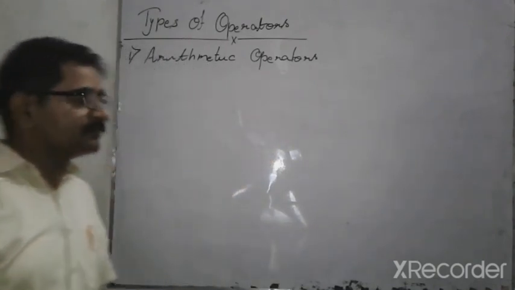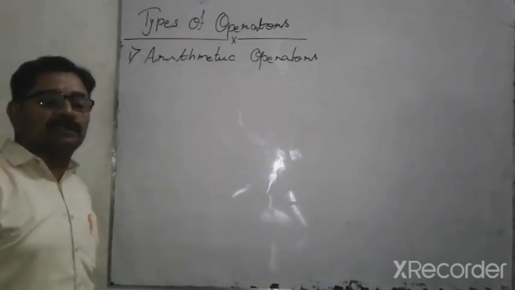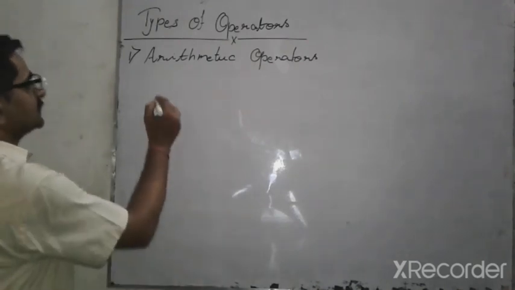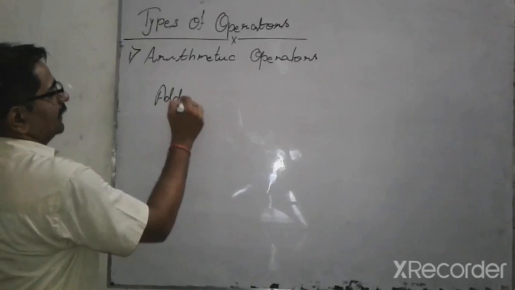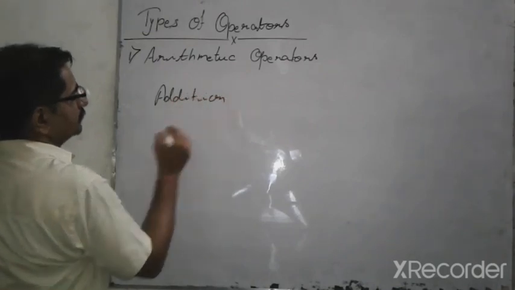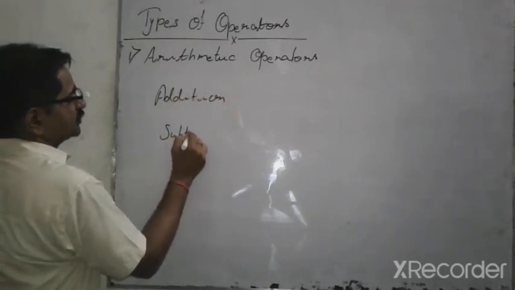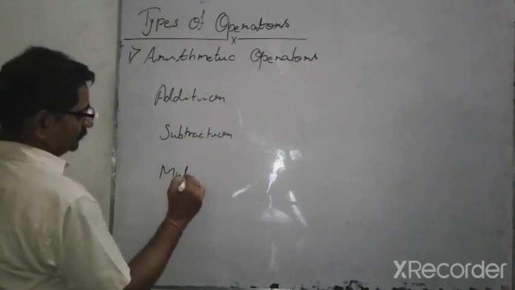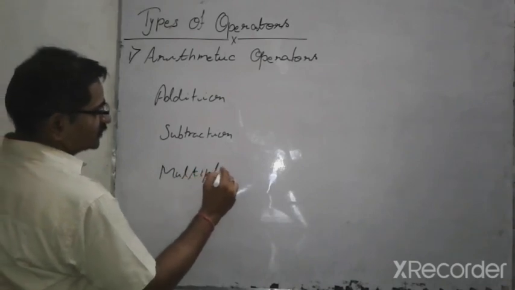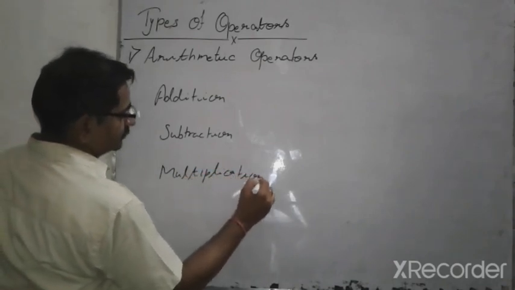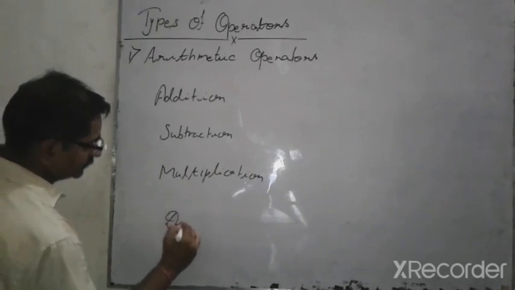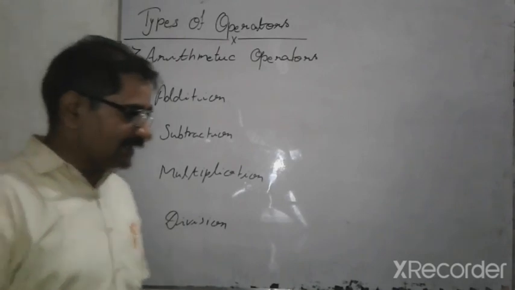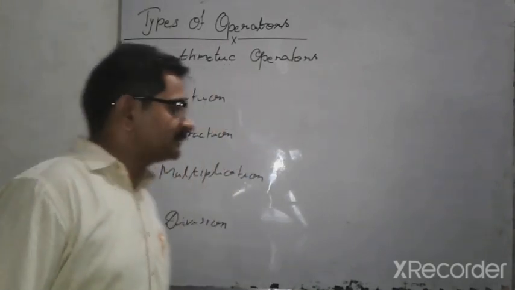There are 4 arithmetic operations: addition, subtraction, multiplication and division. These operations are arithmetic operations.